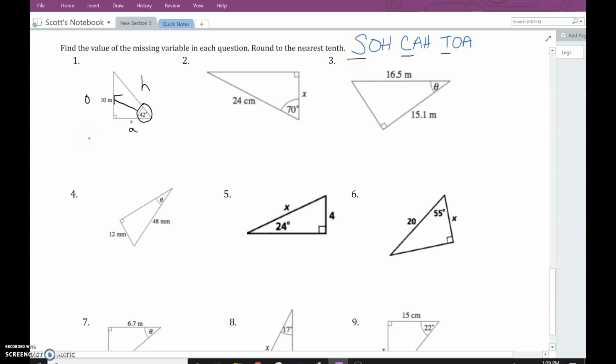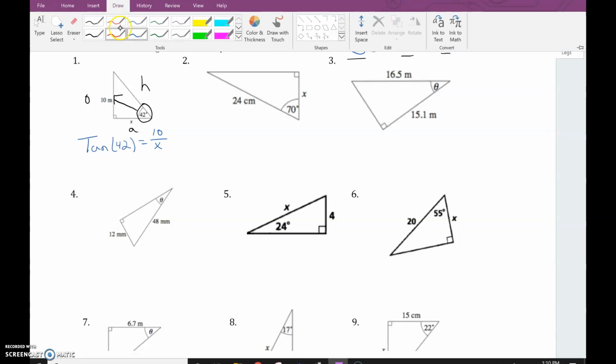So the equation that I'm going to set up is tangent of 42 degrees. The tangent ratio of 42 degrees is equal to 10 over x. This looks exactly like the ones that we just did in the last video.